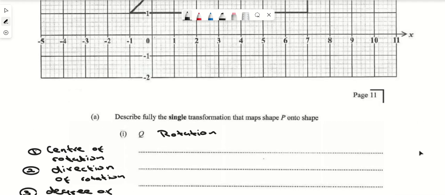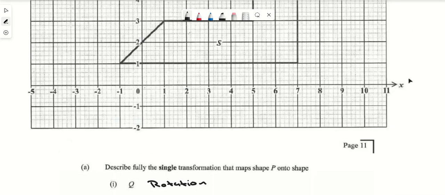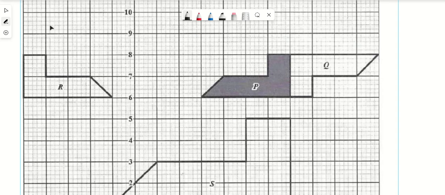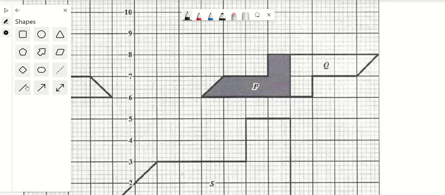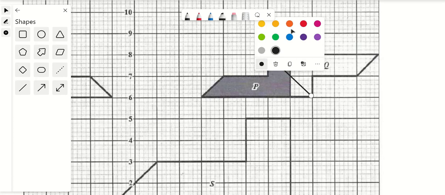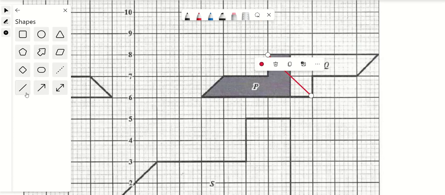So let us first find the center of rotation. Your center of rotation is found by connecting two pairs of corresponding points and seeing where the lines intersect. I'm going to put this in red. So we have this point here, and then the next one, this point here and this point here.